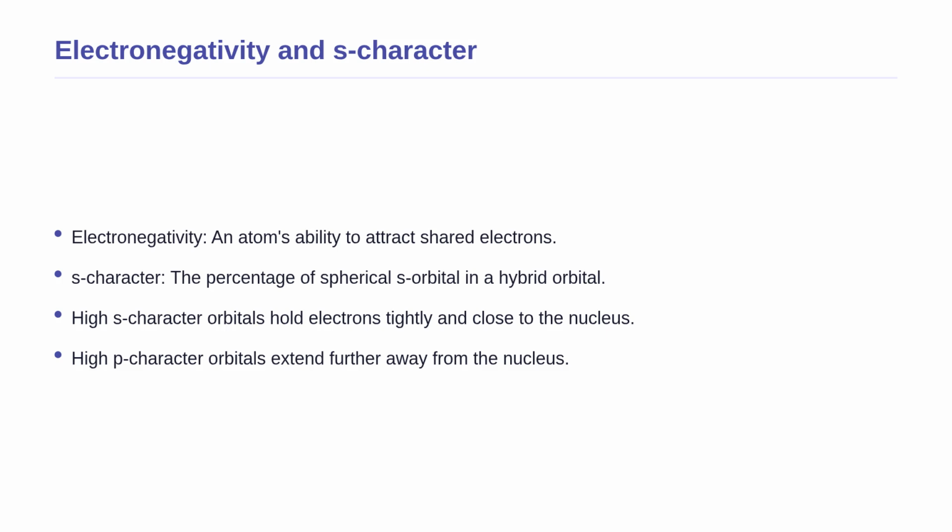The s character is the percentage of the original s orbital in that mix. Because s orbitals are spherical and close to the nucleus, an orbital with high s character holds electrons very tightly. Conversely, orbitals with high p character are longer and place electrons further away.